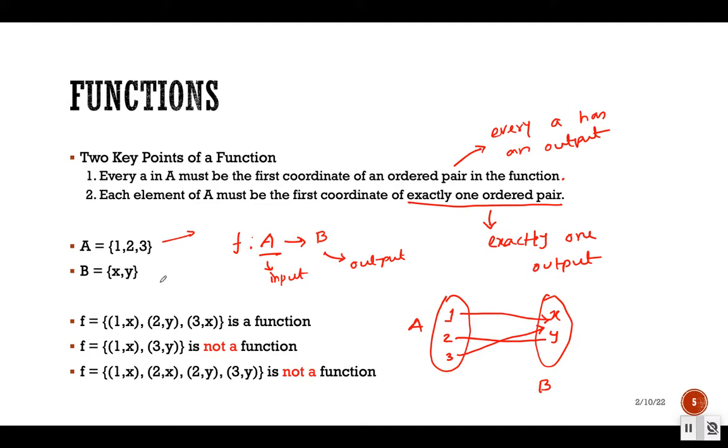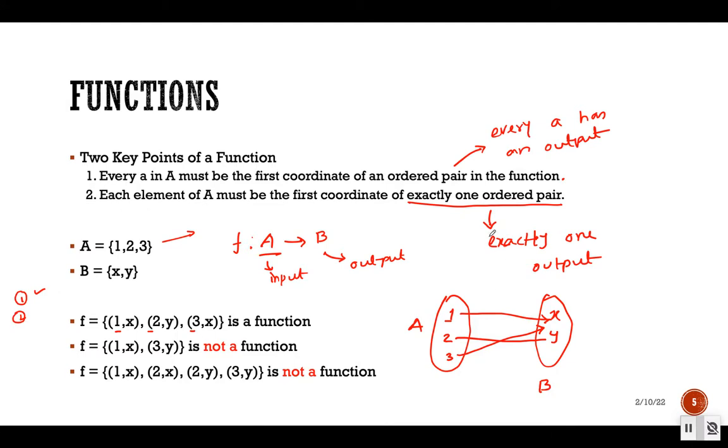So let's try to figure out whether that's a function or not. For condition 1, every a has an output. When we are listing all the ordered pairs, every element of A is present there. We have 1, 2 and 3, right? So the first condition is done. What about the second condition?